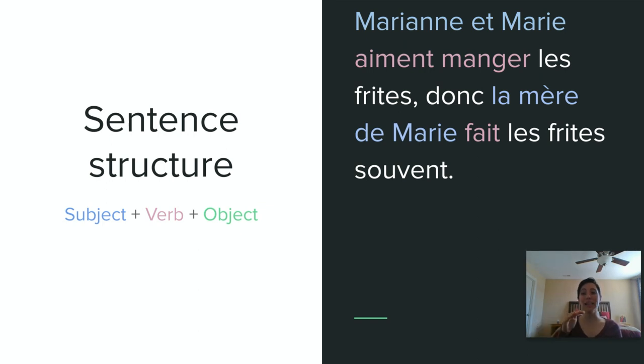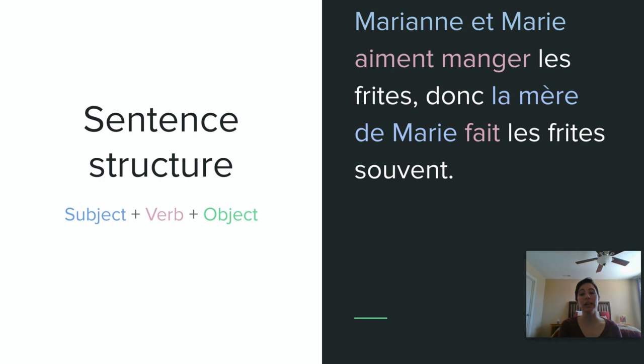So Marianne et Marie aiment manger les frites. That is our first half of the sentence. The second half, donc la mère de Marie fait les frites suivantes. Our verb there is fait. Marie's mom is making fries, often. We only have one verb in the second half of the sentence.